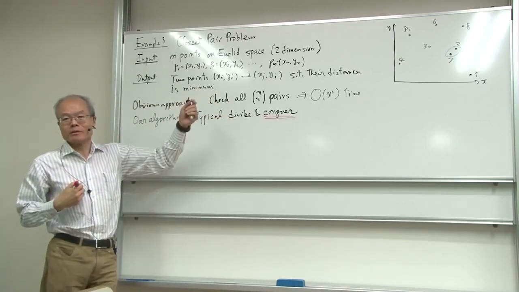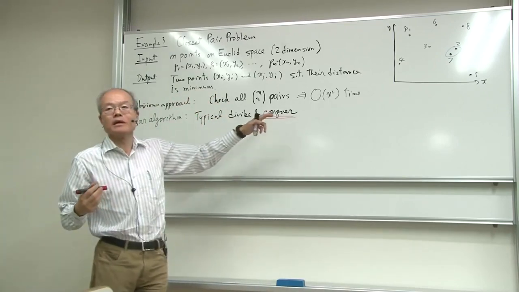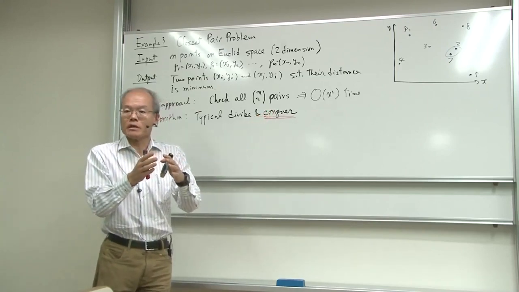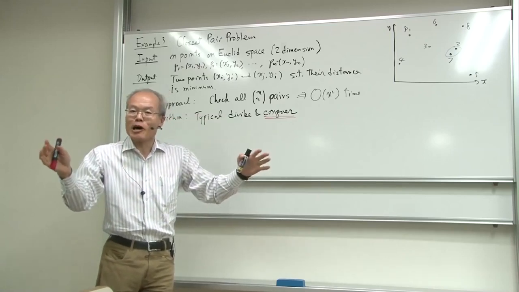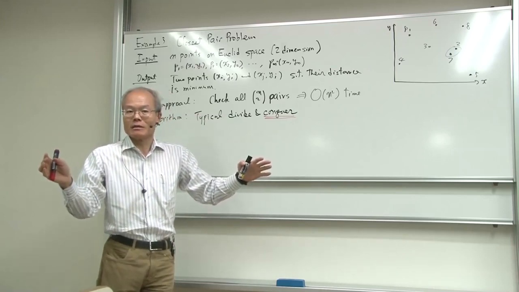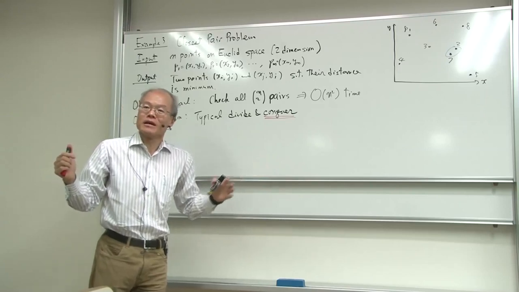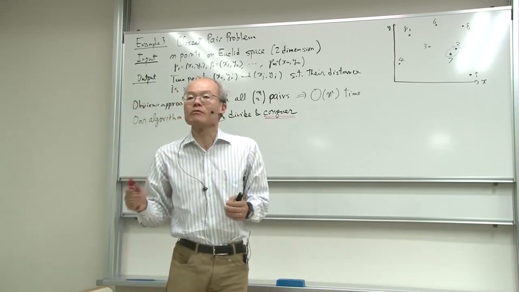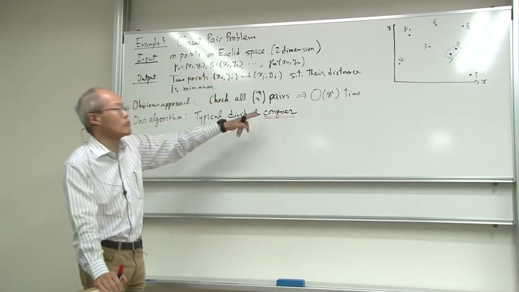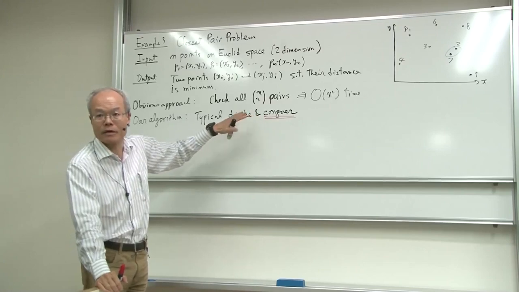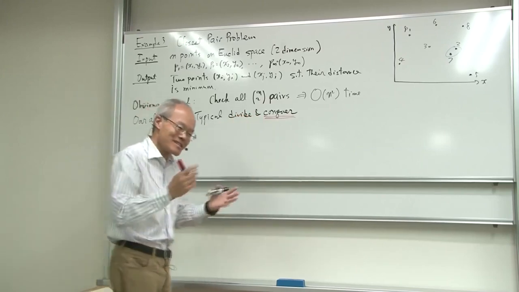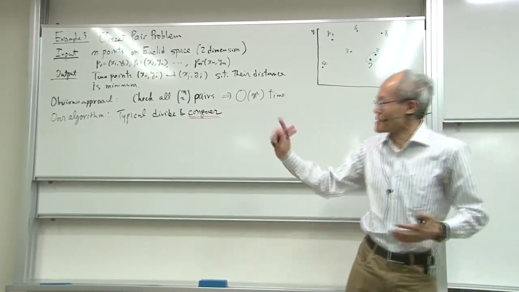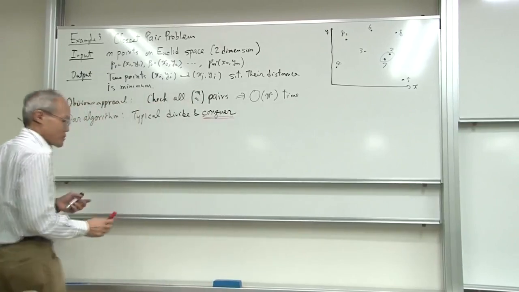In the previous examples, the conquer part is not so important. Just divide your problem into smaller ones, then you are almost done. So essentially speaking, there's no conquer part. But in this problem, there is a conquer part. This part is more important than the dividing part. Conquer means putting two things together. I'll show you in a moment why it's important.